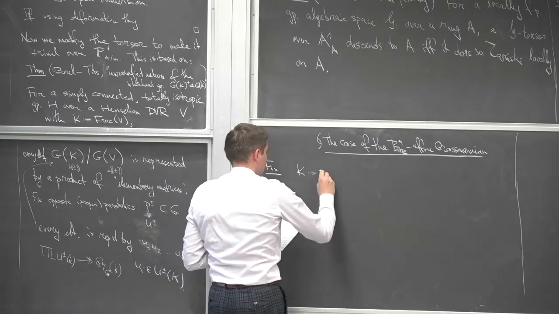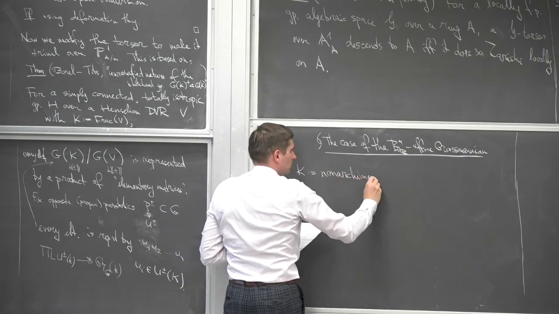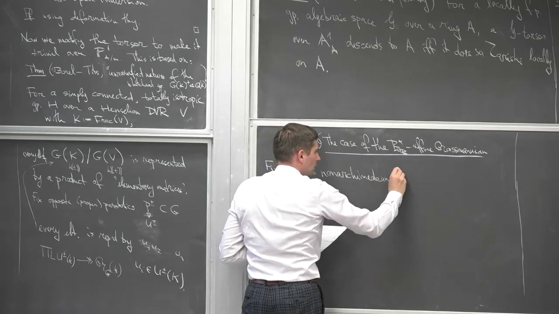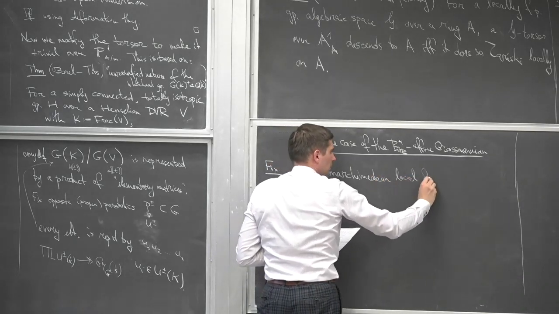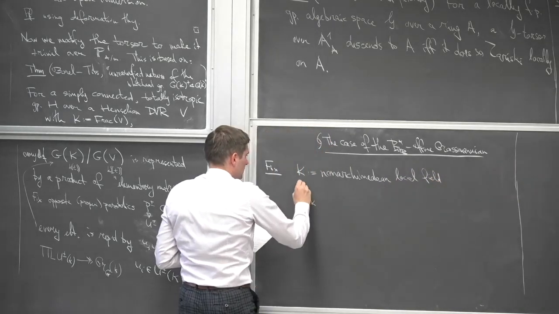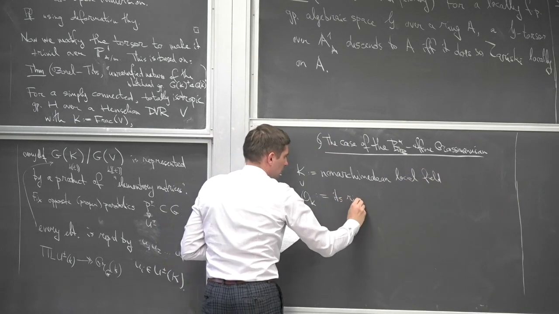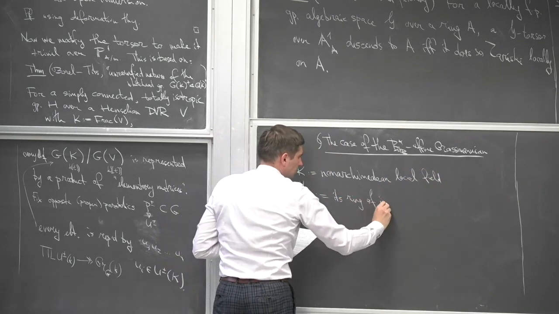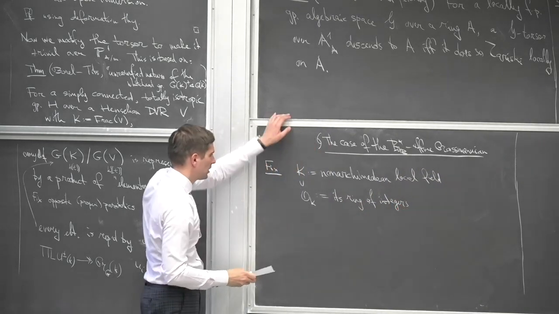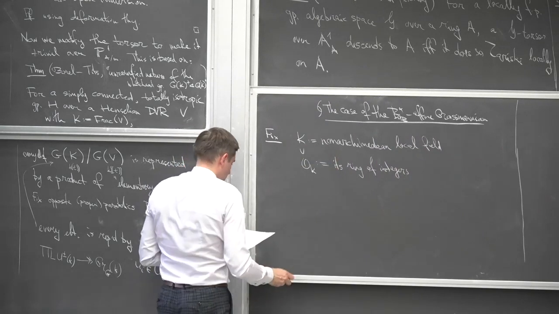I'll fix a non-Archimedean local field K, with ring of integers O_K. So K is probably something like Q_p and O_K is Z_p, but we can be more general.